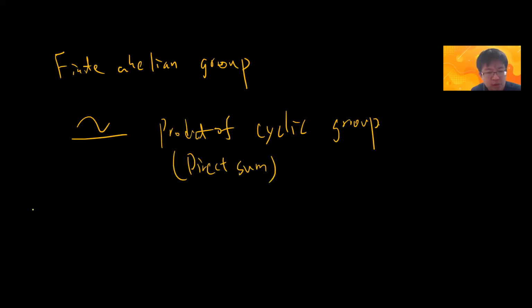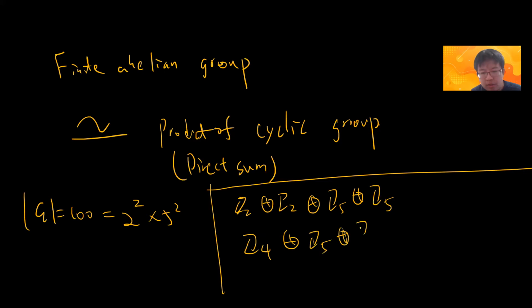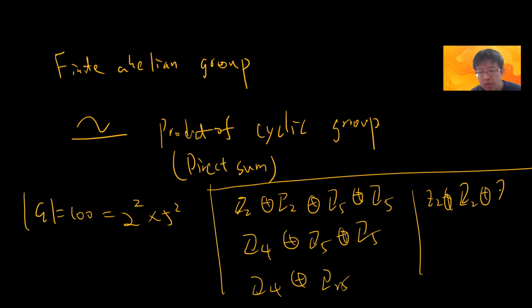Okay, so for example, if you want to find a group of order 100, and this is abelian, then you can get the cases. So the first case is Z2 direct sum Z2 direct sum Z5 direct sum Z5. And also Z4 direct sum Z5 direct sum Z5, and Z4 direct sum Z25, or Z2 direct sum Z2 direct sum Z25.